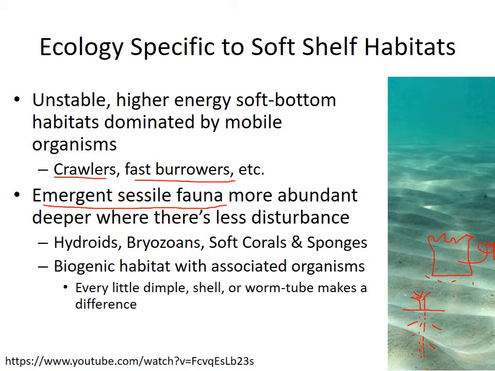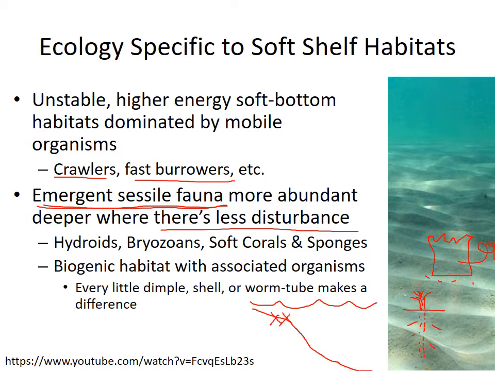So you'd find most of these emergent sessile fauna, which means organisms that don't move and that stick up above the sediment surface, where there's less disturbance. Where might there be less disturbance in a soft shelf habitat? Well, since we know that wave action is severe near the surface, it would be a highly disturbed habitat in the shallow water.